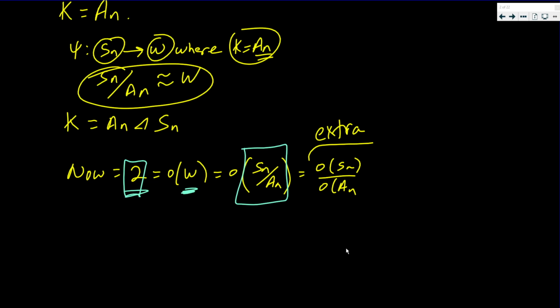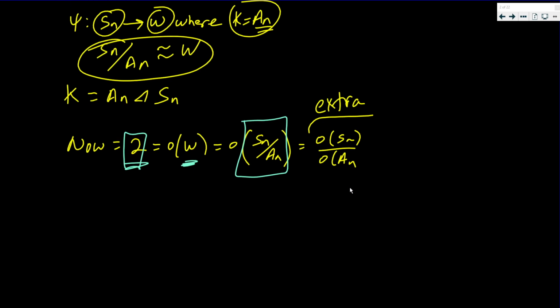Now what I want to continue here is like a bonus. 2 is equal to the order of Sn over the order of An, but the order of Sn is n factorial, the number of permutations on n distinct objects.